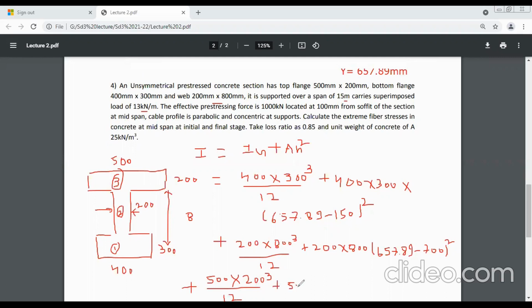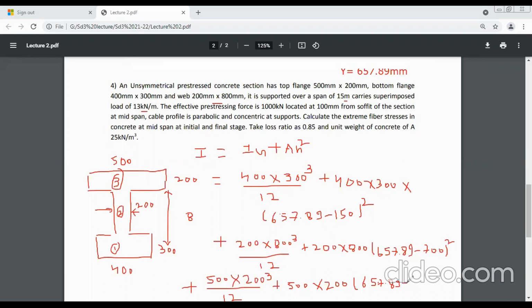So y bar minus y3, squared. So 657.89 minus y3. So y3, how much?